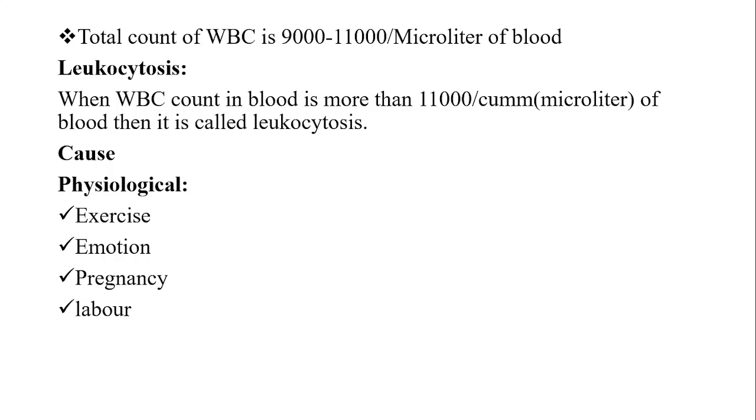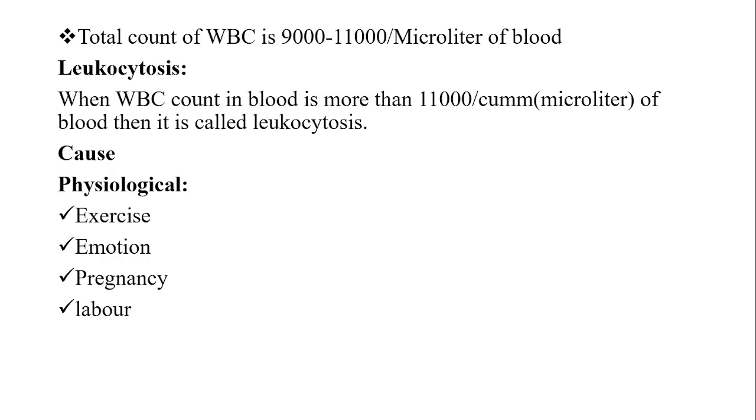Now we'll go for the clinical physiology: in which condition the leukocyte count can be increased or in which condition leukocyte count can be decreased. We already know that the upper limit of the normal count of WBC is 11,000 per microliter of blood. So if the count of WBC is increased above this upper limit, it will be considered as leukocytosis.